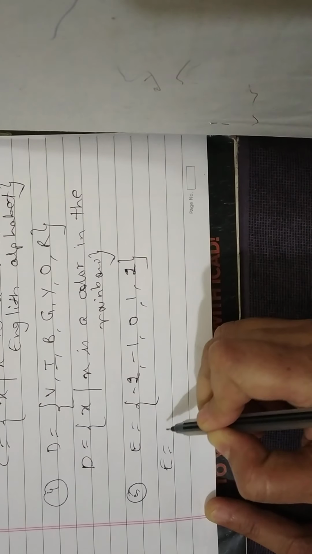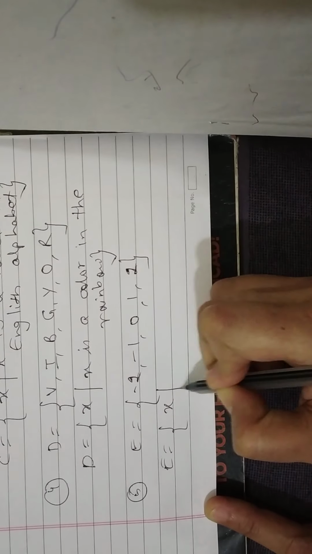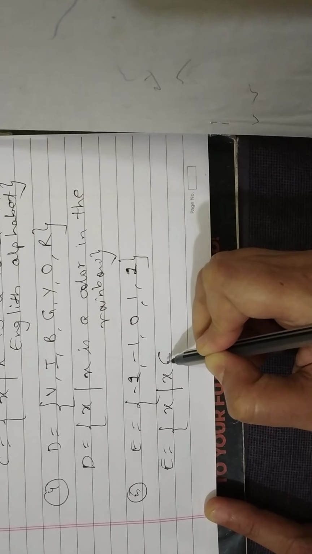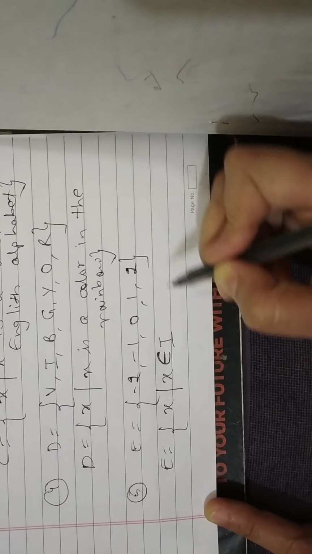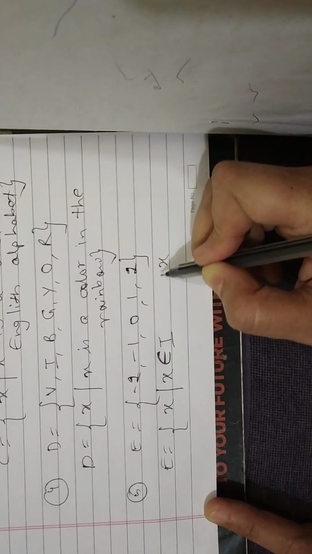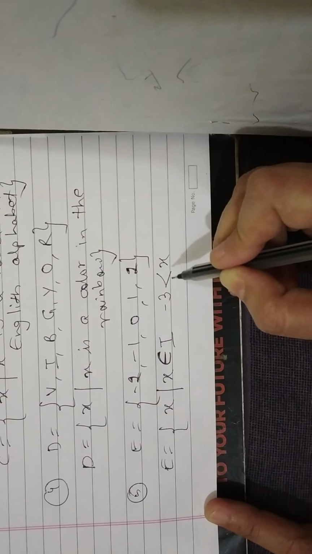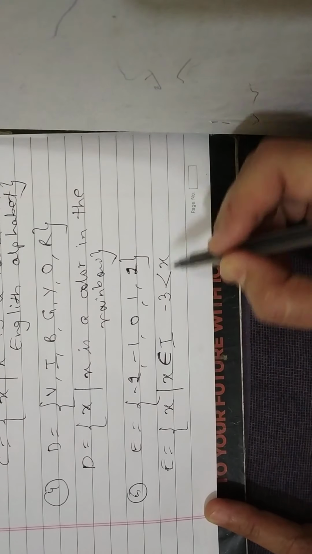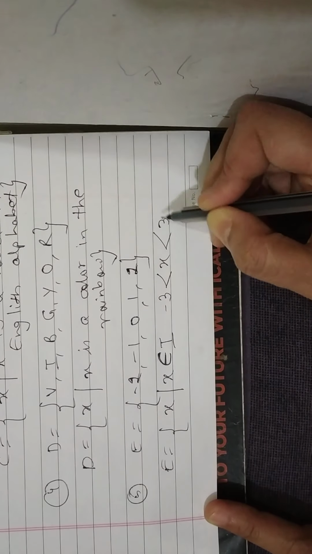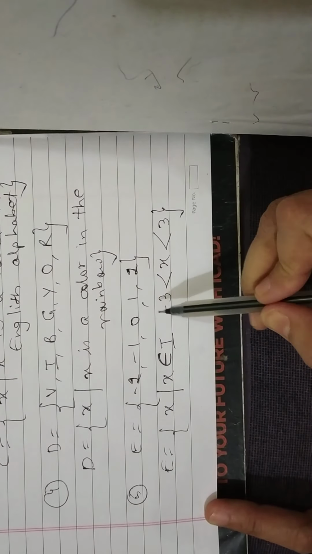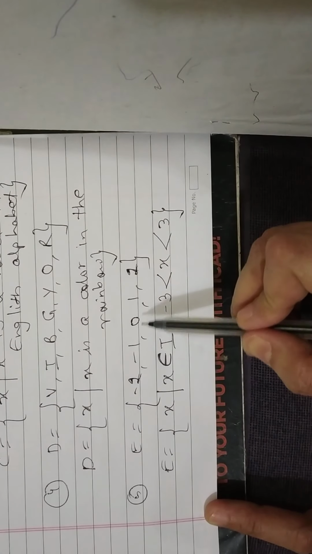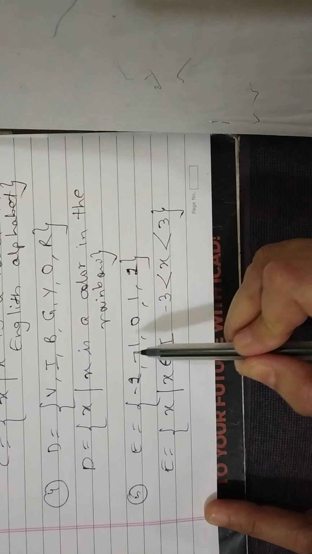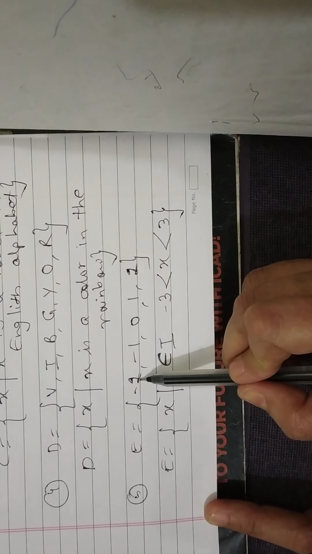So, we'll write X such that X belongs to integers, using this sign for belongs to, where X is greater than -3 and less than 3. Remember, here 1 is smaller, 2 is greater, but when you put a minus sign, -1 is greater than -2.